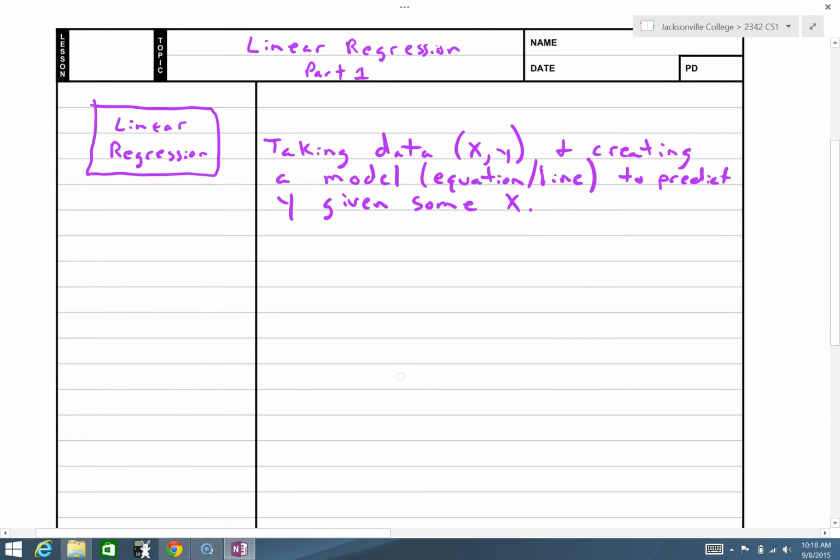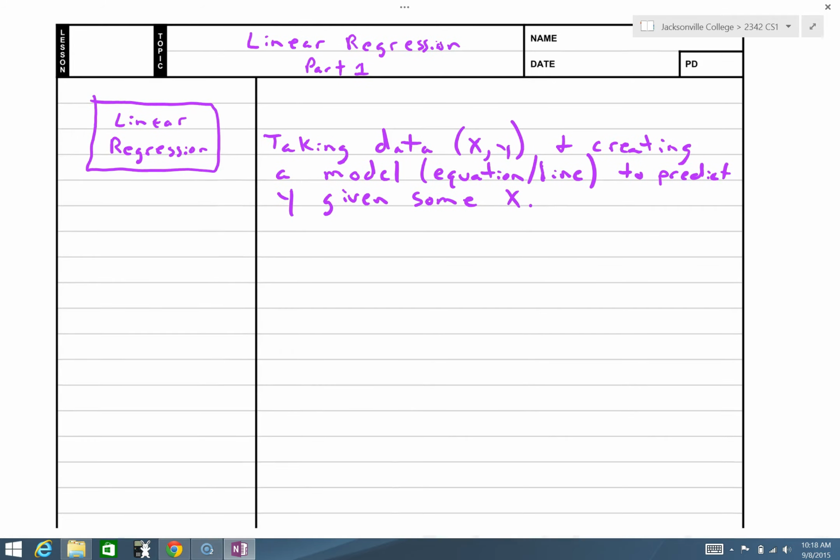Well, the form of regression we do most frequently in statistics is called the least square regression line, LSRL. This stands for least squares regression line.